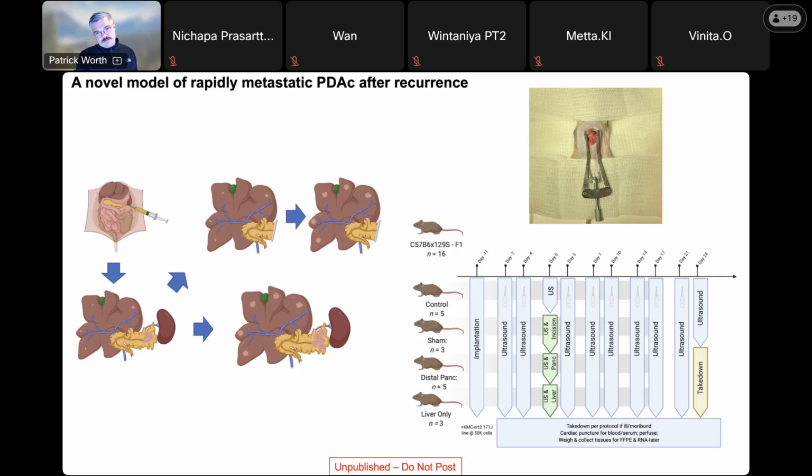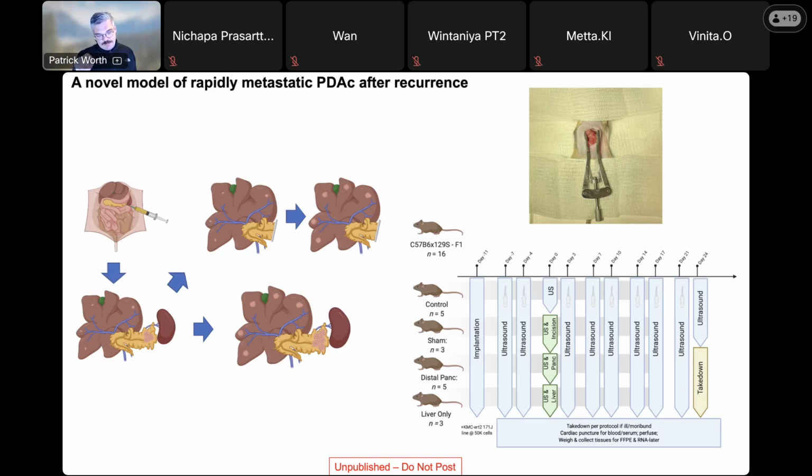And so when we use a KPC model, which is kind of the gold standard for preclinical studies, we're really modeling pancreas tumors that have the early and late mutations that are commonly seen in human pancreatic cancer.